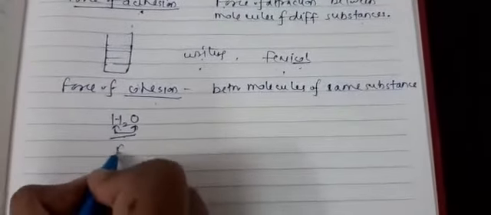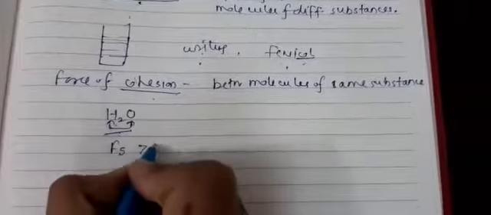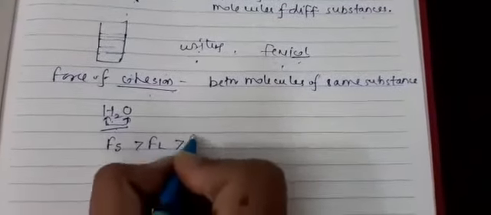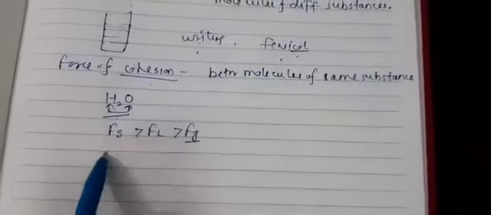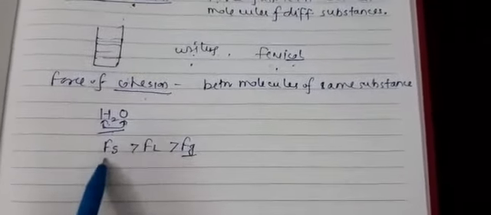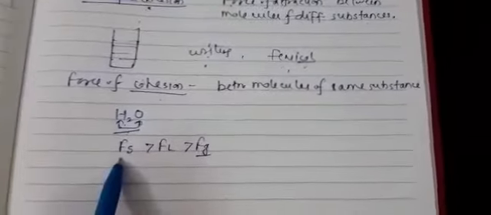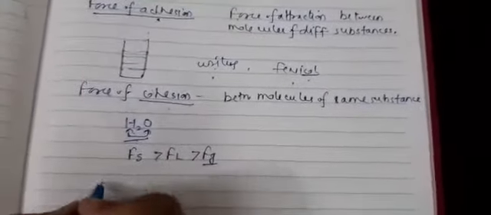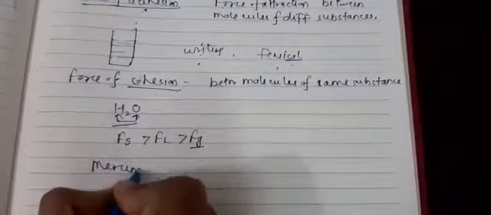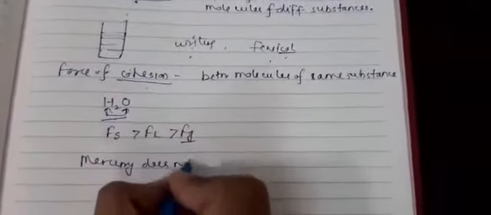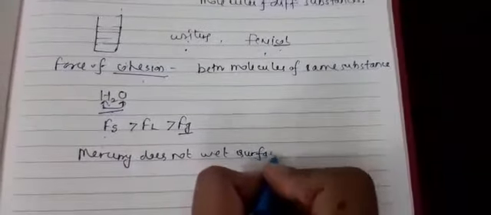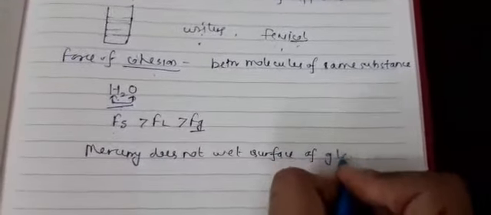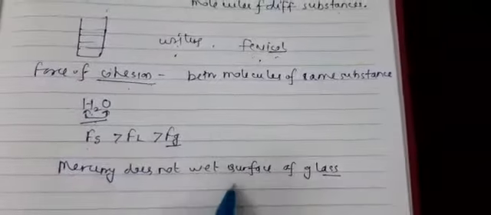Now cohesive force in case of solids is stronger as compared to liquids, and liquids are stronger as compared to gases. So basically it is more force of attraction between the molecules. In solids this force is stronger. Now if we see that mercury does not wet the surface of glass, whereas we said water can wet the surface of glass.